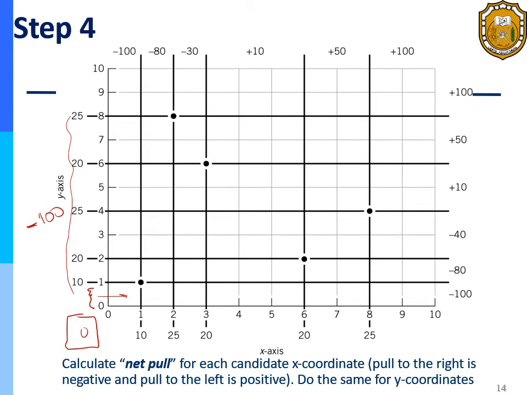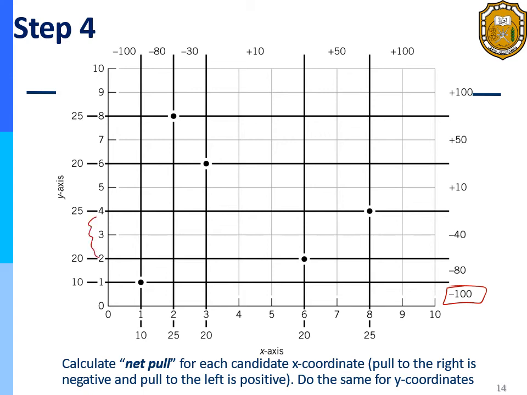Therefore, for this row, the net pull is minus 100. We are writing it to the right of the row. Exactly the same procedure, but you need to be careful about which side is negative and which side is positive.